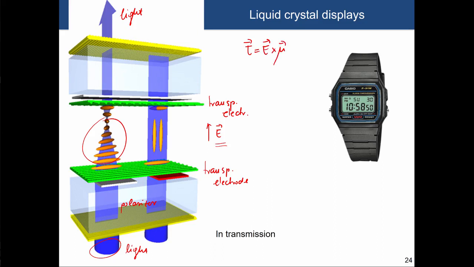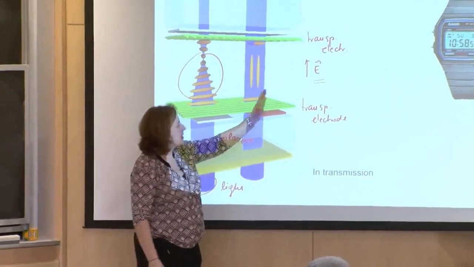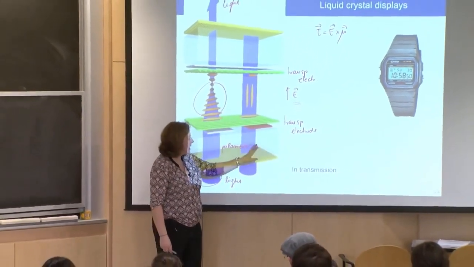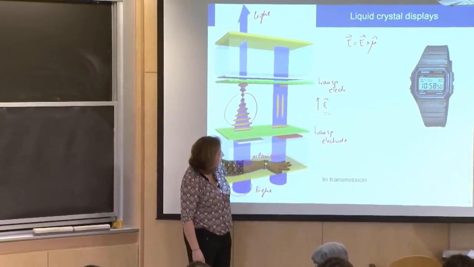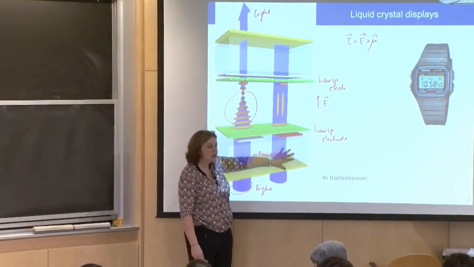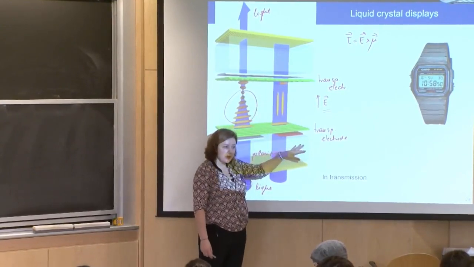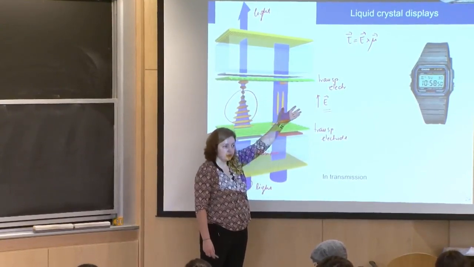So the molecules will align along the direction of the electric field, and then you lose this polarization change, right? The molecules are no longer in the horizontal position, now they're vertical, and basically the light goes through in the polarized state as initially defined. And because this polarizer is perpendicular to the first one, no light will go through.